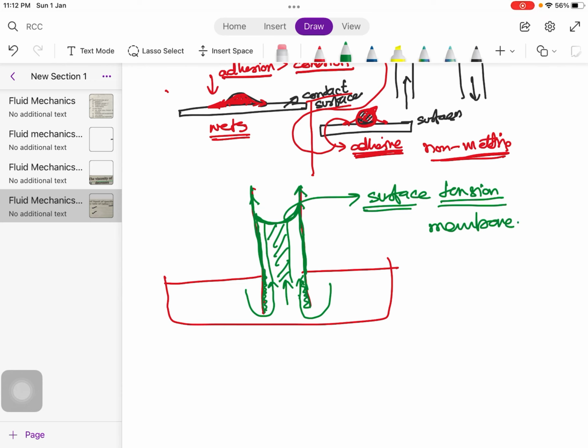When the molecules closer to the surface are attracted to the surface in contact of this capillary material, and in the process they try to spread on this surface, they pull the molecules in the body of the liquid within this capillary tube along with them, and hence a meniscus is formed.